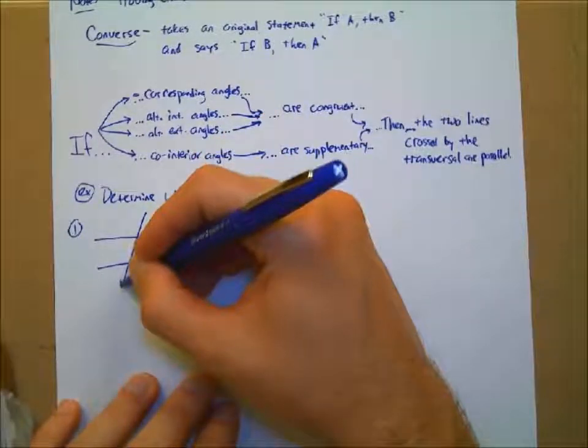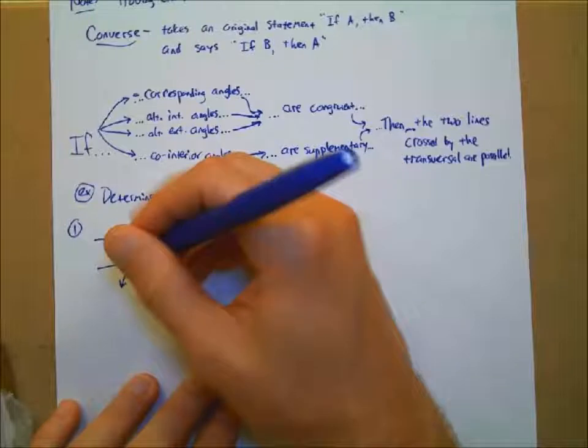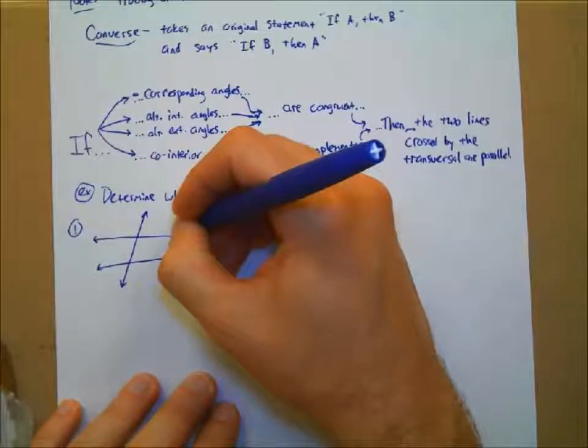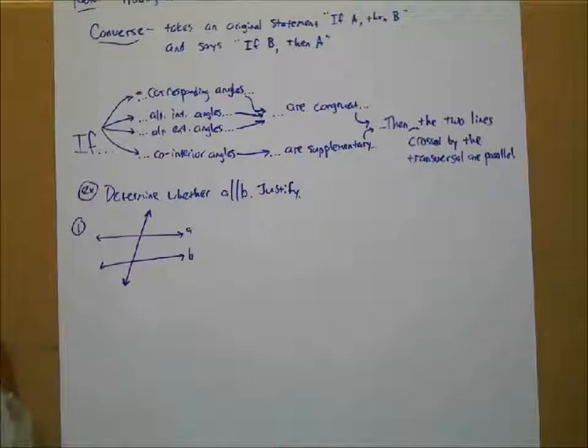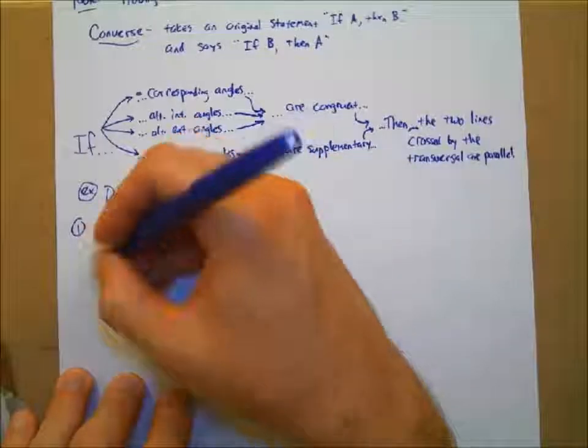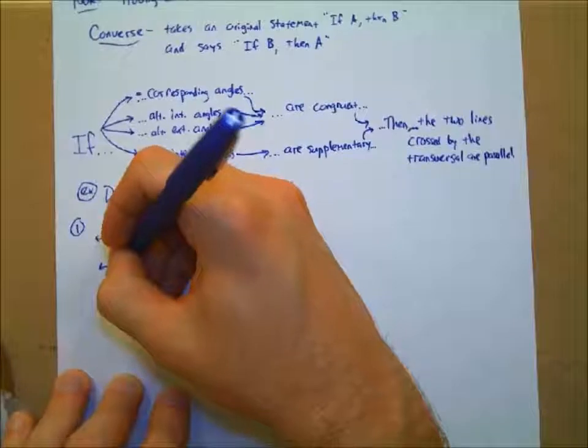Am I going too fast? Do I need to slow down? We're good? Okay. Notice, I am not marking A and B parallel, right? In this case, we're trying to determine whether A must be parallel to B using the given information.